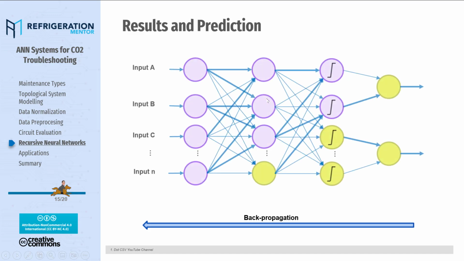Some issues that can be found in this kind of architecture: as the number of hidden layers increases, it can become more difficult to propagate through all the layers during backpropagation. That is something that can be easily seen in this network.